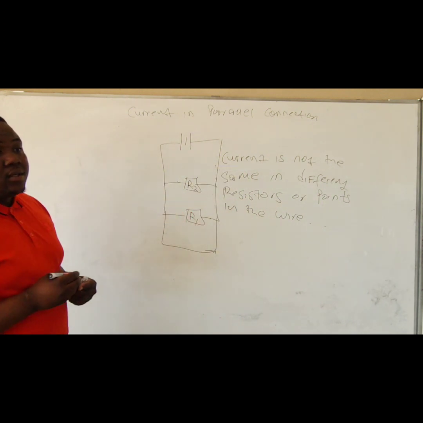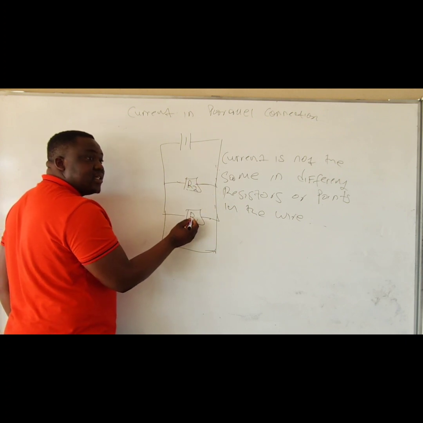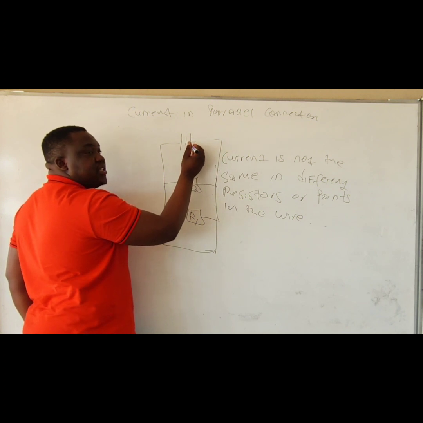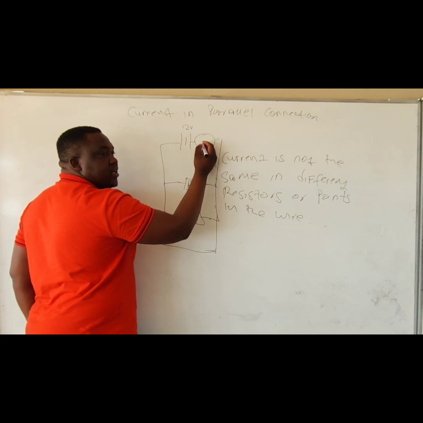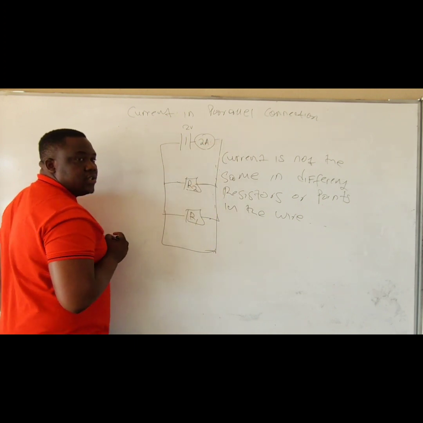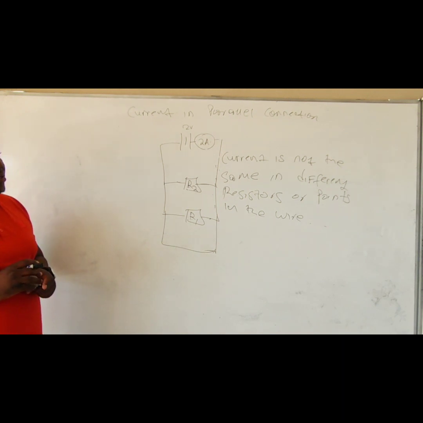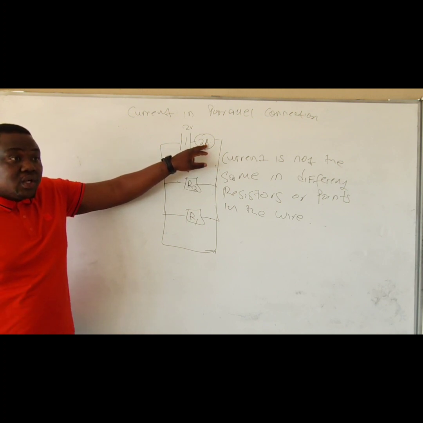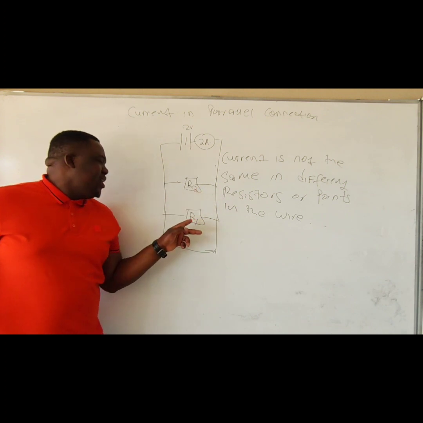So the current that is here is not the same as the current that is here, right? Let's take, because of this voltage, which is 2 volts, the current that is here is 2 amperes, right? You see, this 2 amperes is the total current. But it does not mean that here will have 2 amperes and here will have 2 amperes.